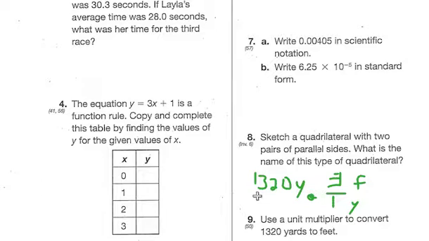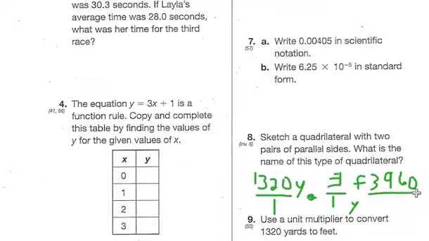So to multiply it, we make this a fraction also, and then we can multiply it straight across. 1,320 over 1 is the same as 1,320. So then we just multiply straight across. 3 times 0 is 0, 3 times 2 is 6, 3 times 9 is, 3 times 9, there's a Freudian slip, 3 times 3 is 9, and 3 times 1 is 3.